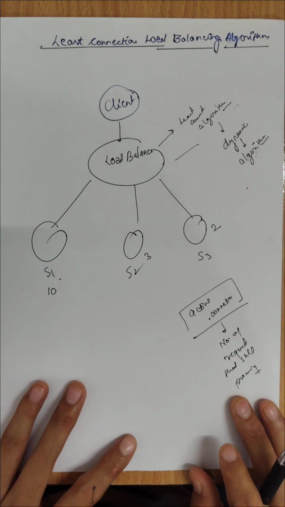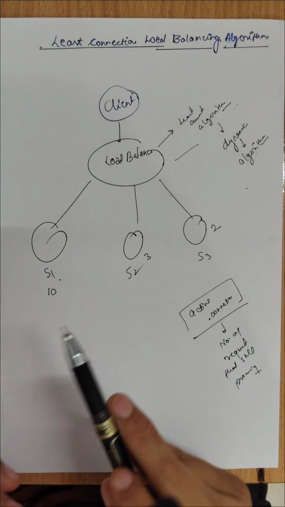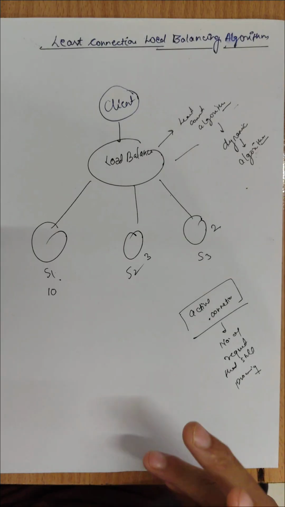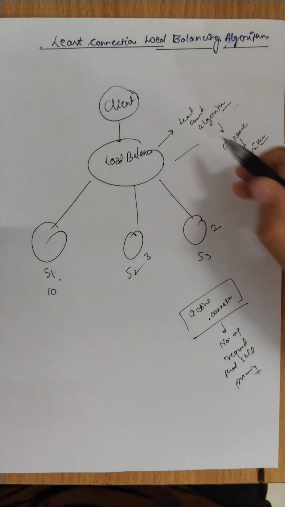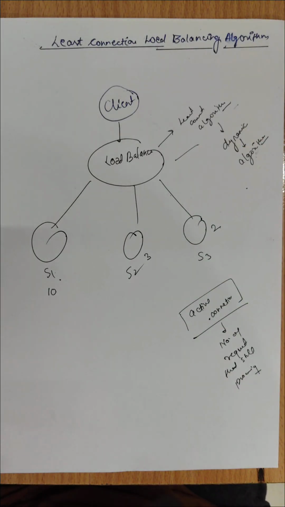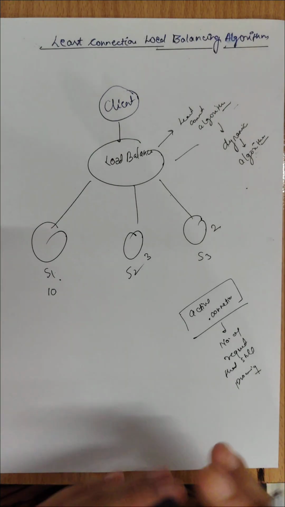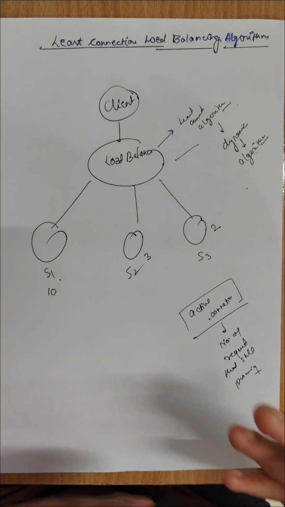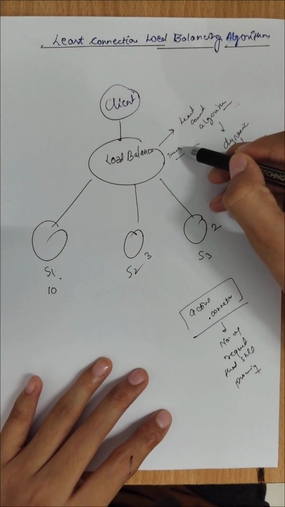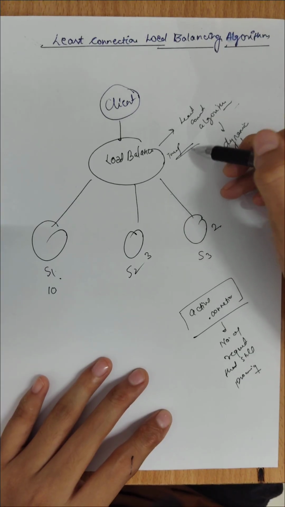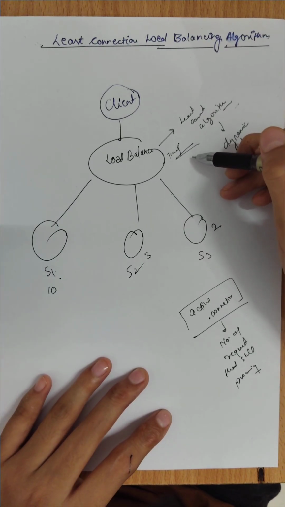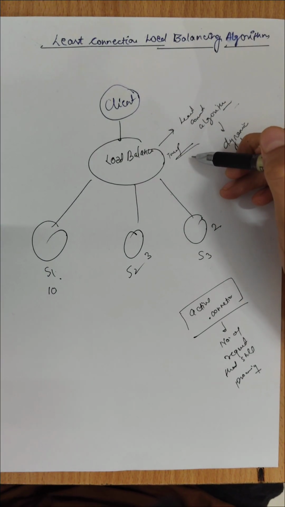So these three servers have active connections 10, 3 and 2, right? Now if we are configuring the least connection algorithm, it will make sure that the incoming request will pass on to the server which has the least number of active connections, which basically means the fewest requests.